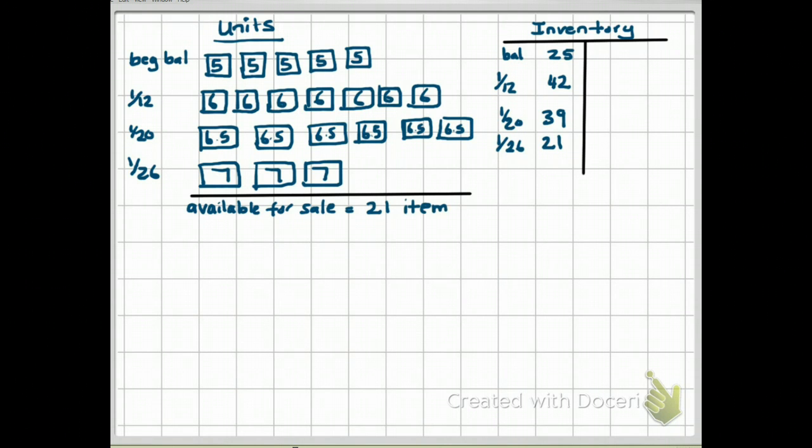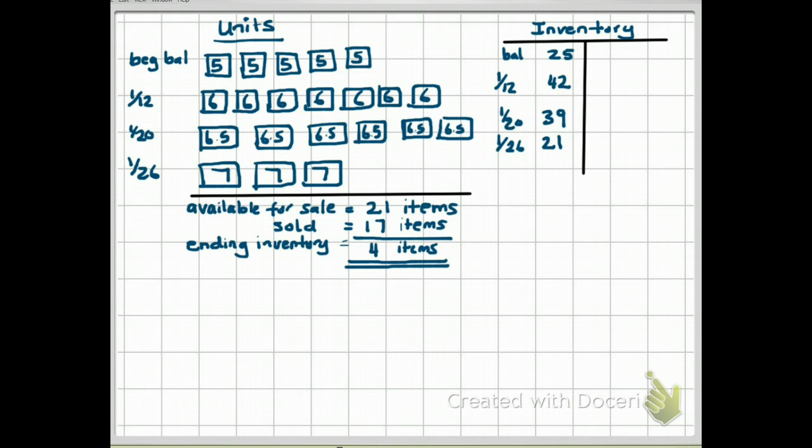Available for sale includes your beginning balance of 5 items and then subsequent purchases during the month. So if you add up all those little boxes there are 21 items which we say were available for sale during the month of January. Next, I'm going to tell you that we sold 17 of those items, which means we have 4 items left in our ending inventory.